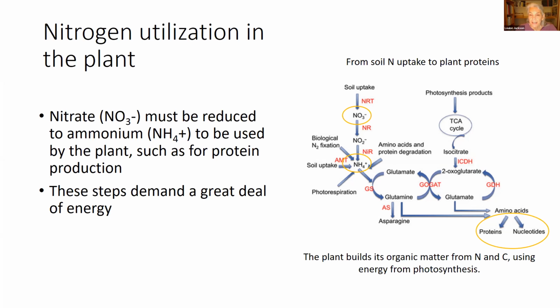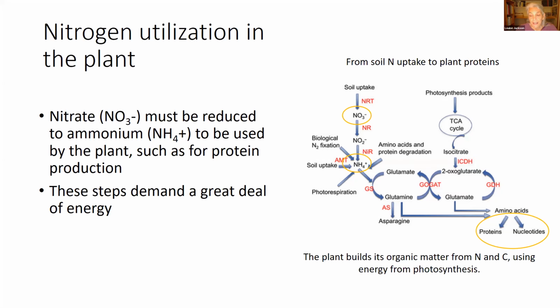So when plants take up nitrate, they use a lot of energy and enzymatic reactions to form ammonium. And that ammonium then can be bound into amino acids, such as these, which then are formed in polymers into proteins. What's key here for the plant is the photosynthetic energy.